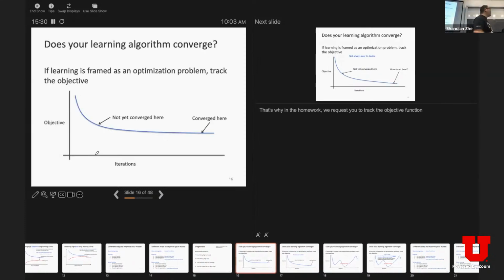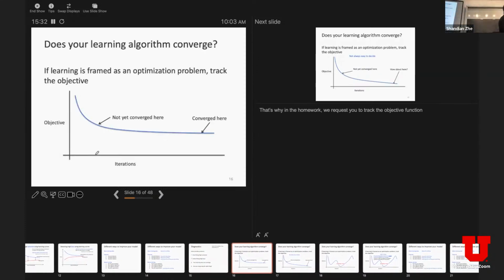This can be detected by looking at the optimization behavior. If you look at how your training objective function varies with the number of iterations, you can tell whether your training or optimization converges to the right place.